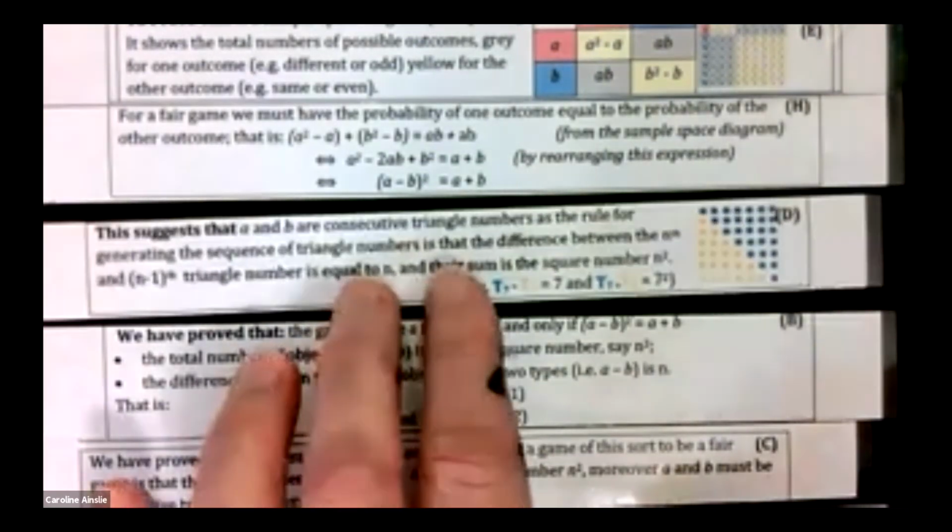And so that is where you have them the same colour, or odd. And the gray rectangles are where you've got them different colours, and they're AB.